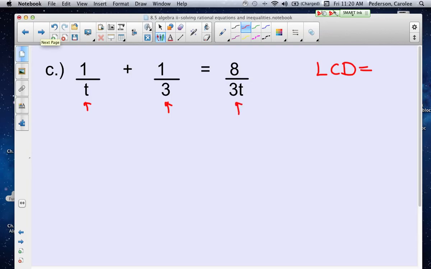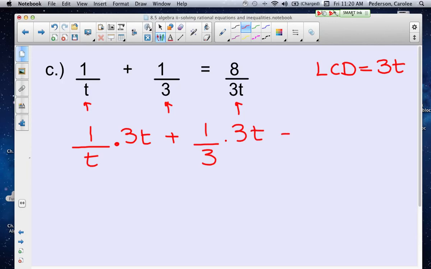So to find the least common denominator, it's 3t. So we multiply all 3 terms by the LCD, 3t. So 1 over t times 3t plus 1 over 3 times 3t equals 8 over 3t times 3t.